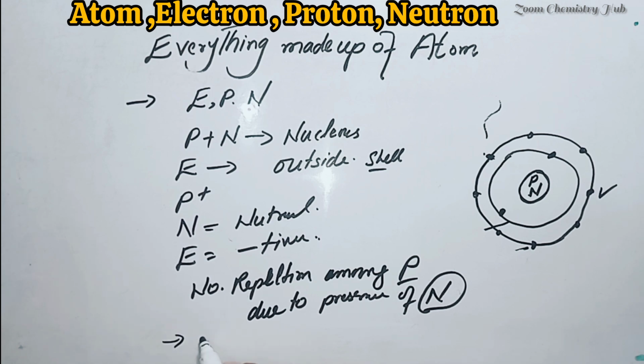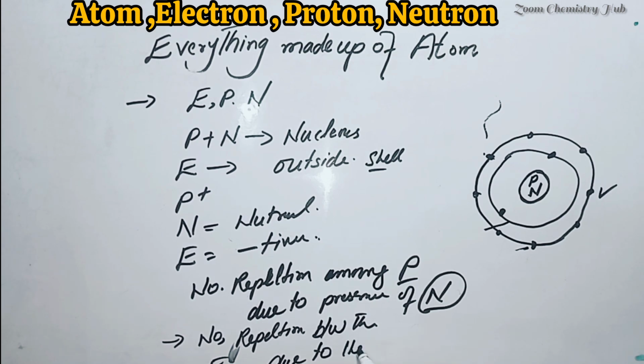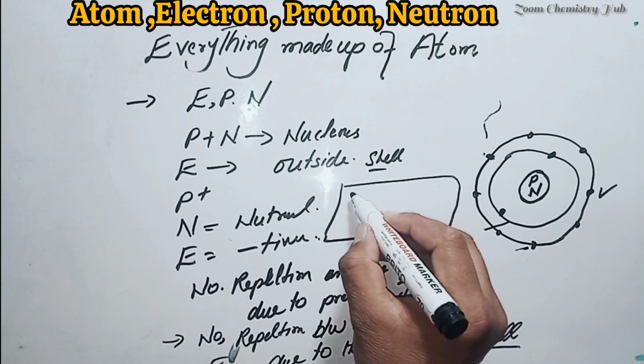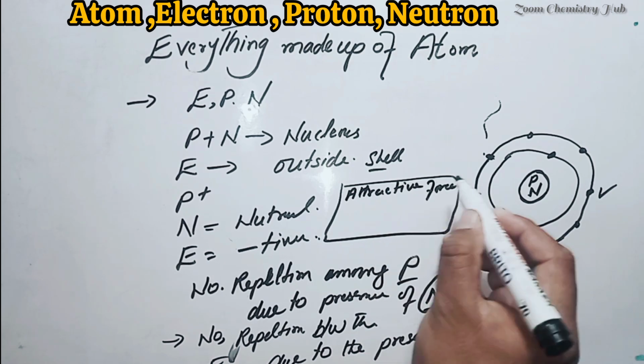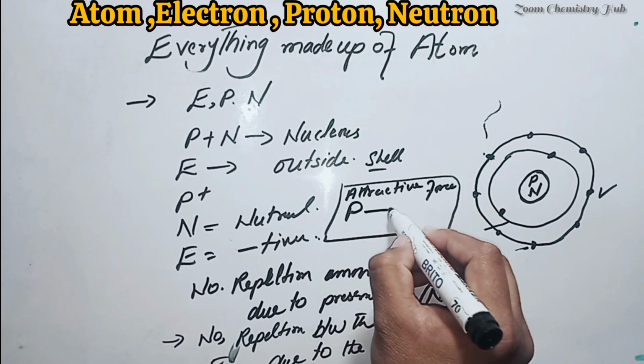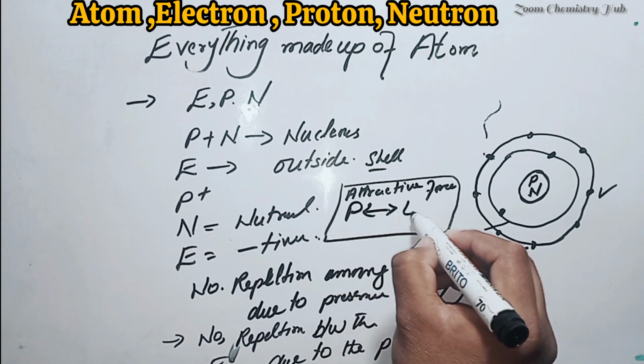Similarly, there is no repulsion between the electrons due to the presence of shells or energy levels. And lastly, there is an attractive force present between the protons and electrons.